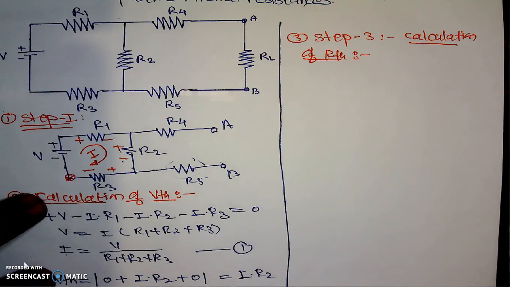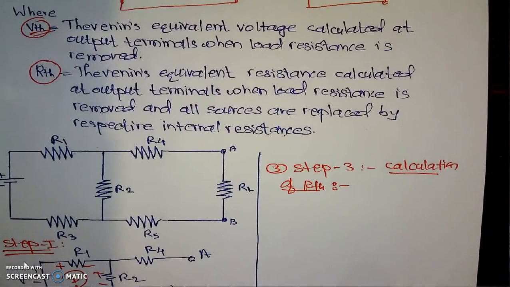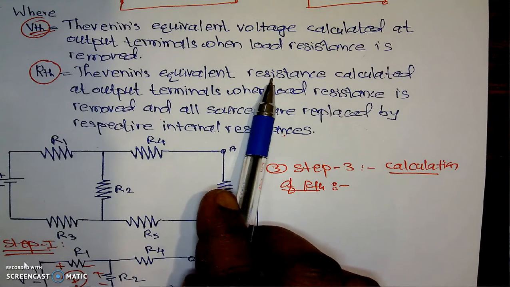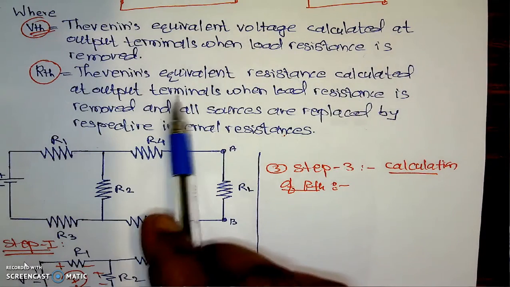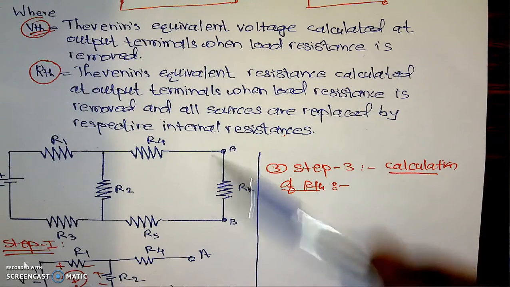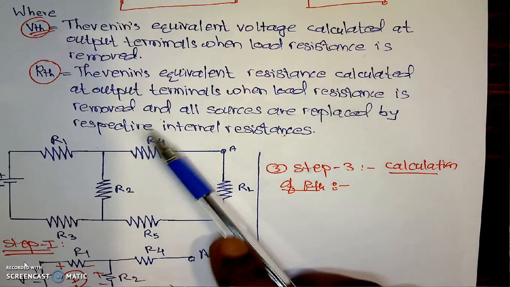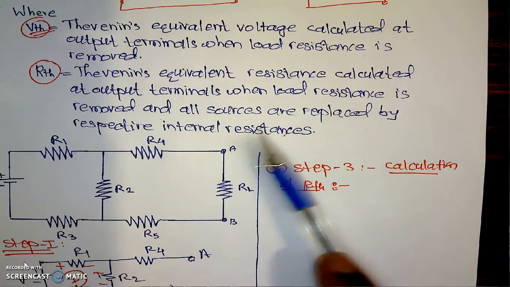Now here we will see what RTH or Thevenin's resistance is. Look, Thevenin's equivalent resistance is calculated at the output terminals, meaning we are calculating at these output terminals, when the load resistance is removed and all sources are replaced by their respective internal resistances.